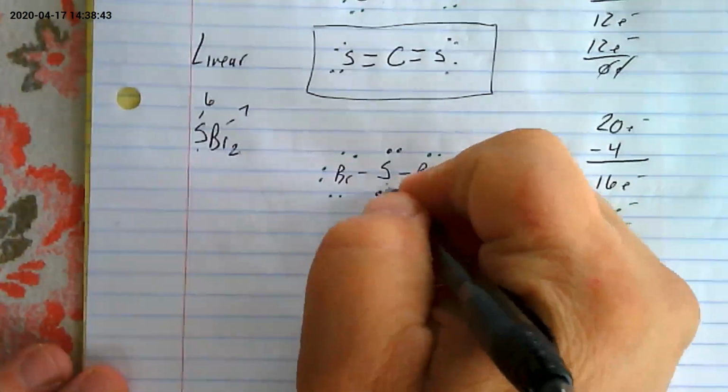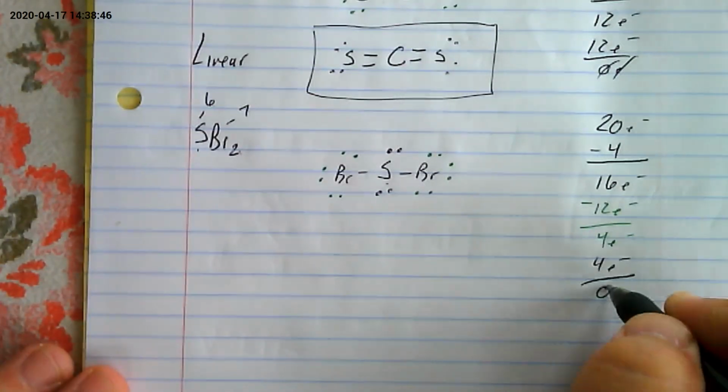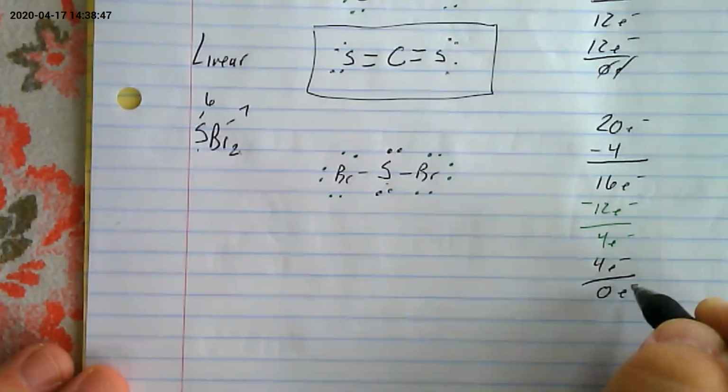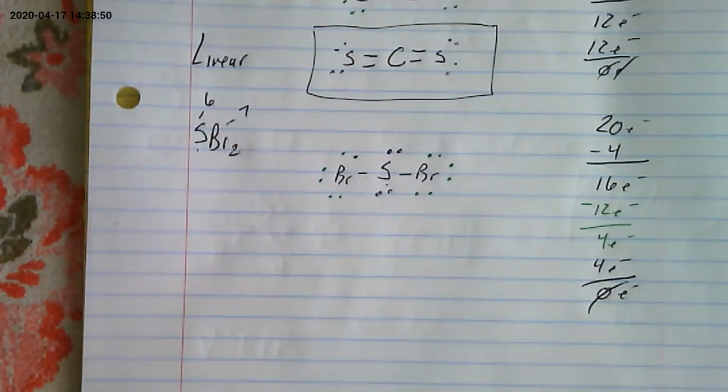So 7 times 2 is 14, plus 6 is 20. We're working with 20 valence electrons. The central atom is going to be sulfur, because it's the one thing by itself. We put the bromine here and the bromine here. That used 4 electrons, so now we have 16 left.